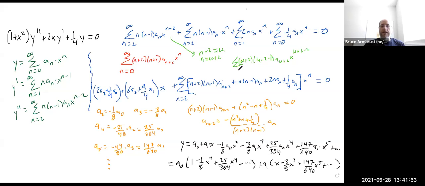And then for my start value, remember what we needed was n equal 2. Well, if I plug 2 in for n, 2 minus 2 is 0. So that means I'm going to start at u equals 0.